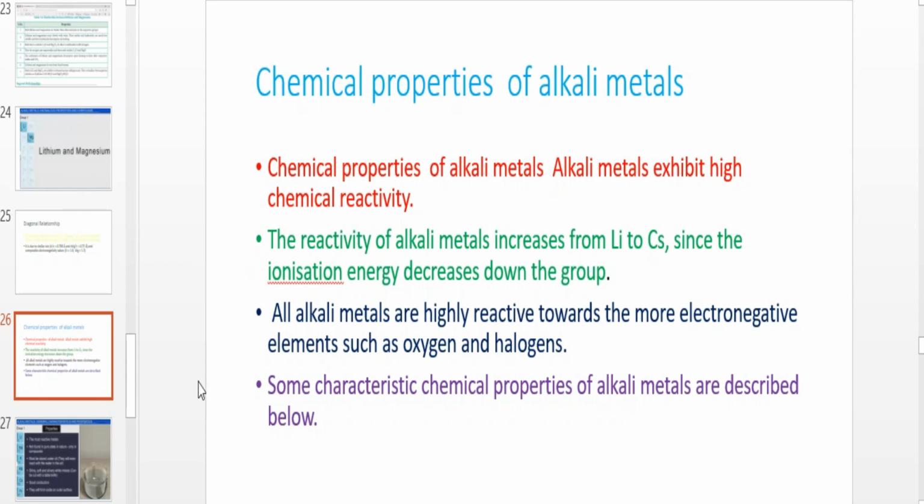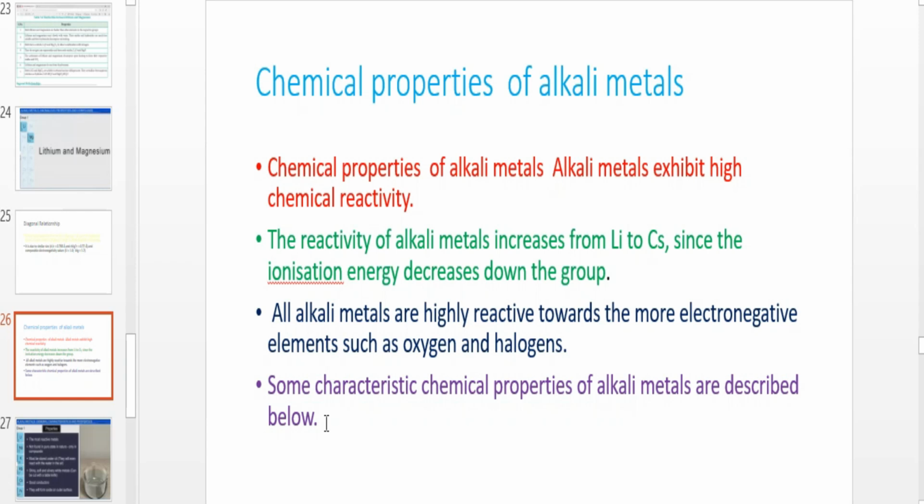Okay. Then all alkali metals are highly reactive towards more electronegative elements. The electronegative elements belong to the p block, like oxygen and halogens. They are readily reactive towards these electronegative elements.